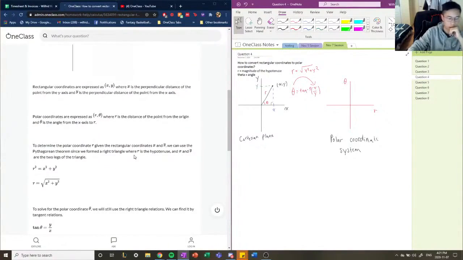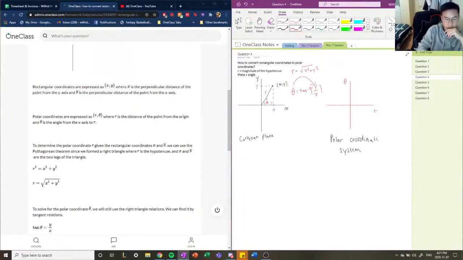Sorry, it's y over x. Okay, so our angle is defined as tan inverse of y over x, and our magnitude of our hypotenuse is related to the square root of x squared plus y squared.